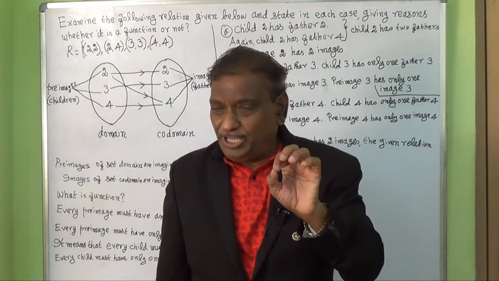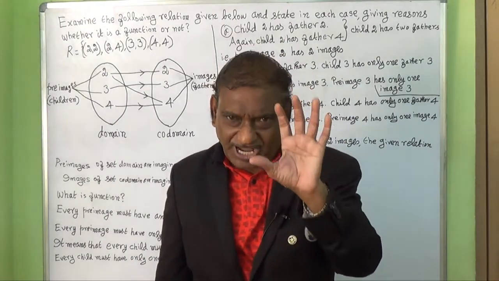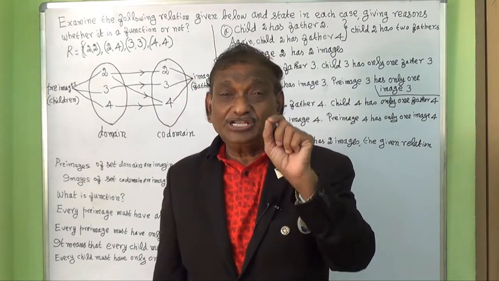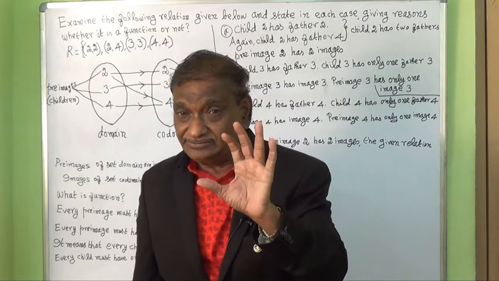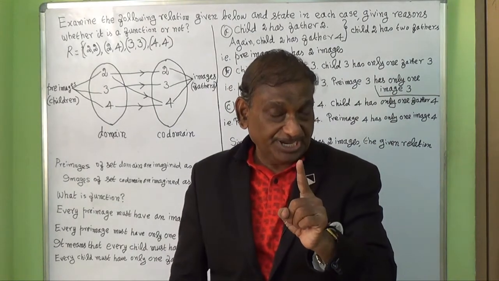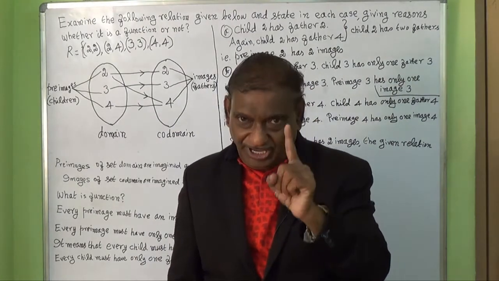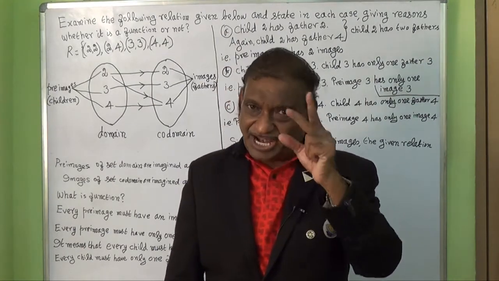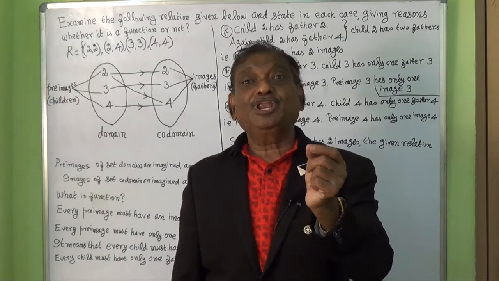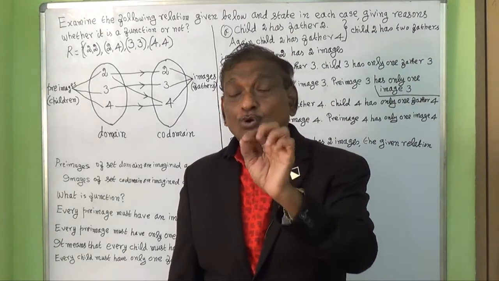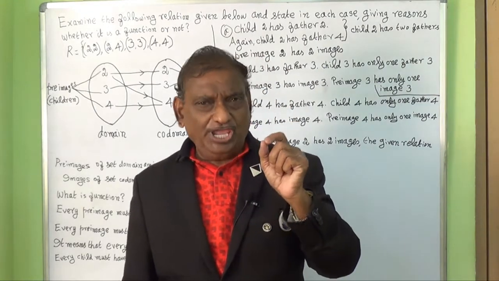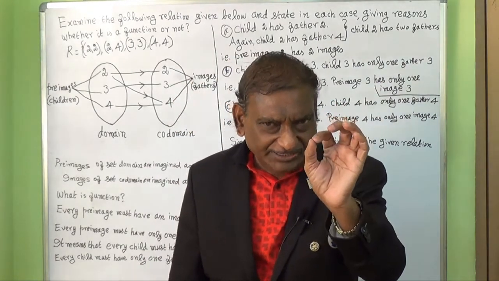Then we are going to define what is a function. The function is a special type of relation. The first condition is every pre-image must have an image. The second condition is every pre-image must have only one image. I am going to use one imagination.